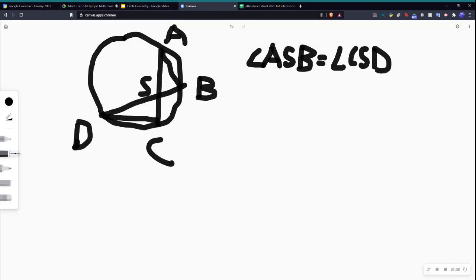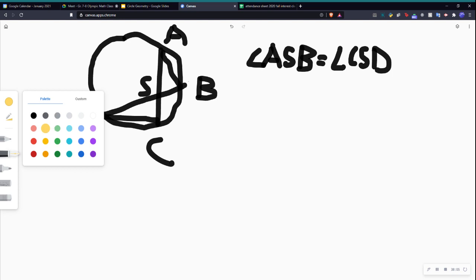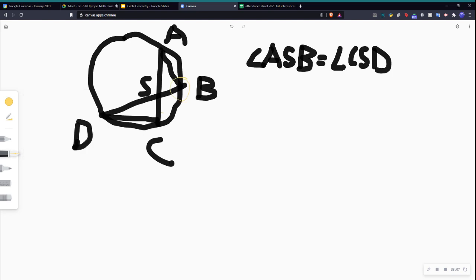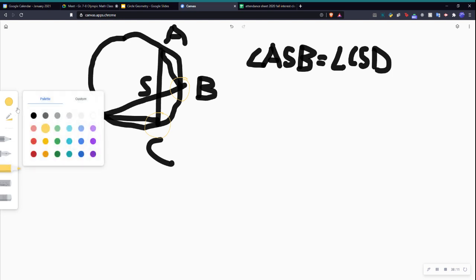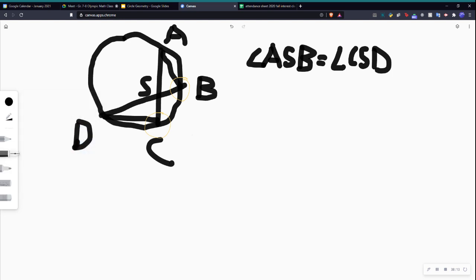Okay, so we can use that here. Say we use angle B and angle C as our anchor points. So what this will prove is that they're connected to both vertex CD and vertex CA right here.